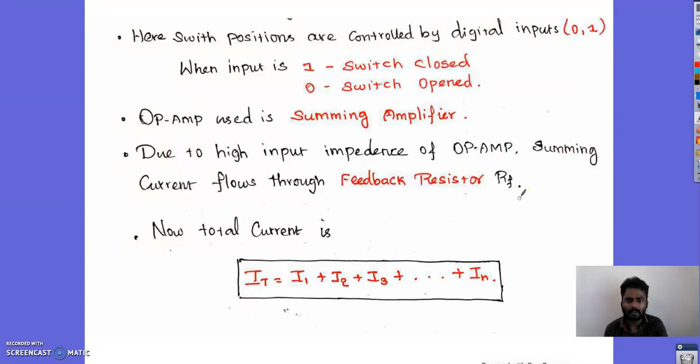Now the total current is IT. IT represents the total current, which is equal to the sum of the currents present in the circuit, that is I1 plus I2 plus I3 plus etc., up to IN.